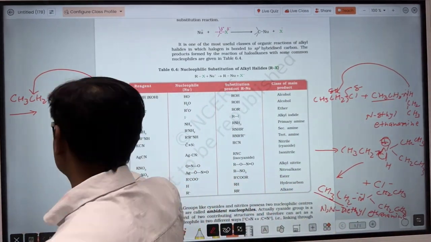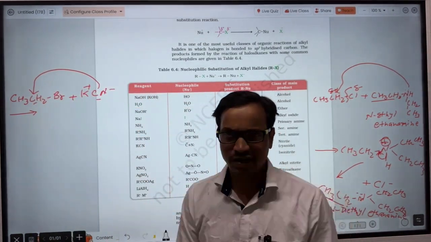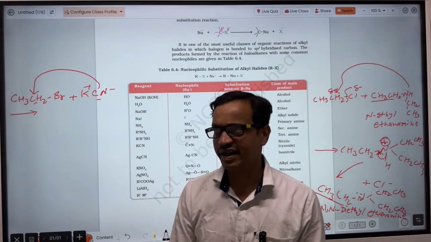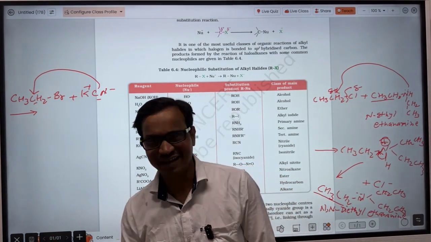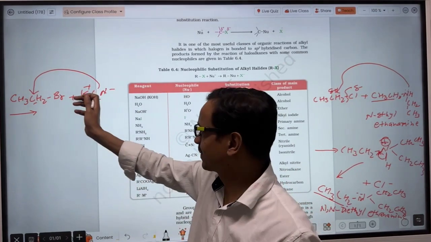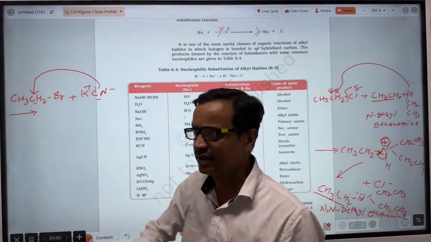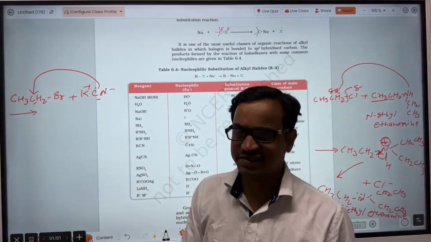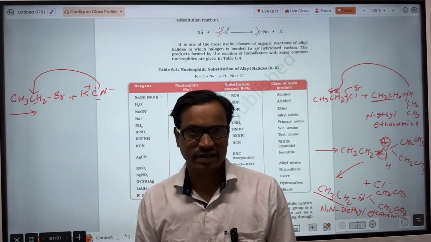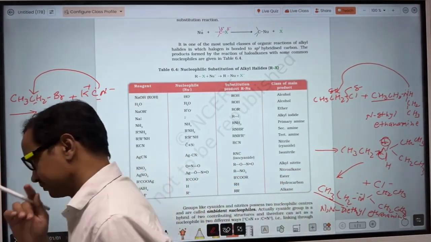So bonding between carbon and carbon will be stronger compared to that between carbon and nitrogen. That's why the carbon-carbon bond will take place. So the CN group will bond to this carbon and Br- will be released from there.